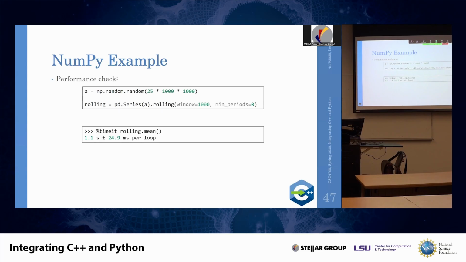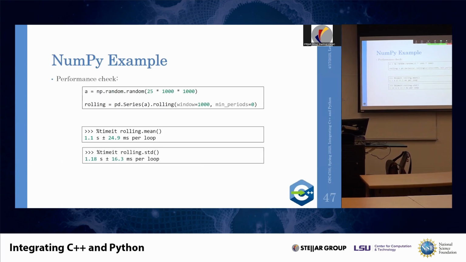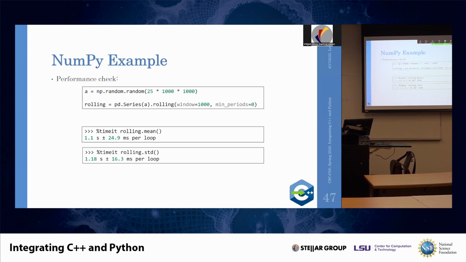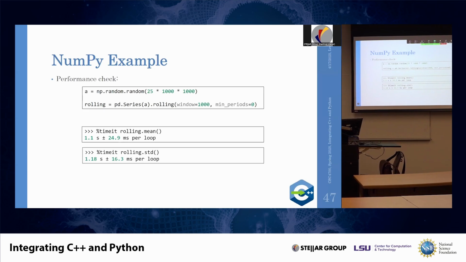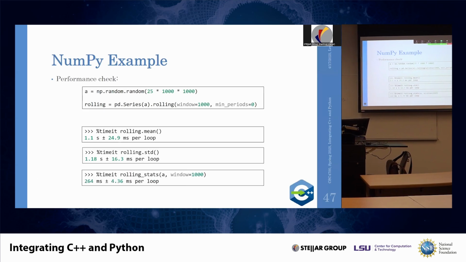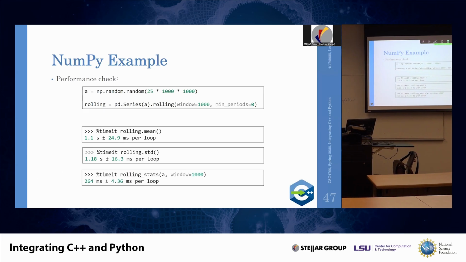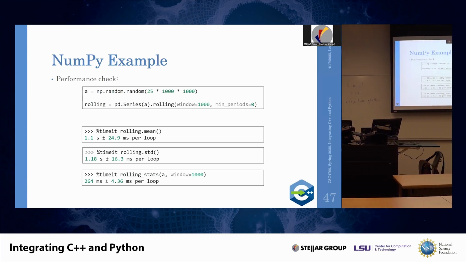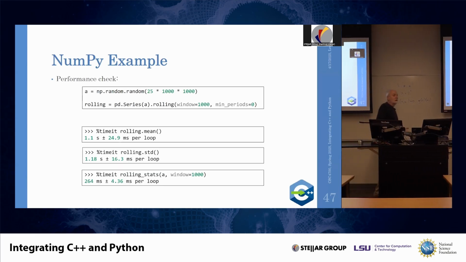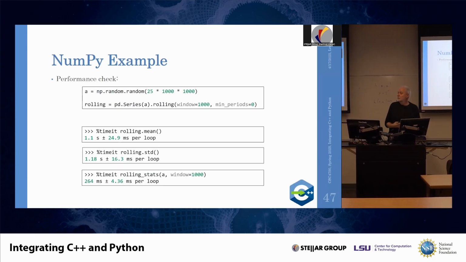Not bad. I call rolling standard deviation, it takes about the same amount of time, roughly, for these 25 million elements. And now I do the same with my function, which computes both. And it takes 250 milliseconds. So it's essentially 10 times faster than what the Python side can do and what Pandas does.